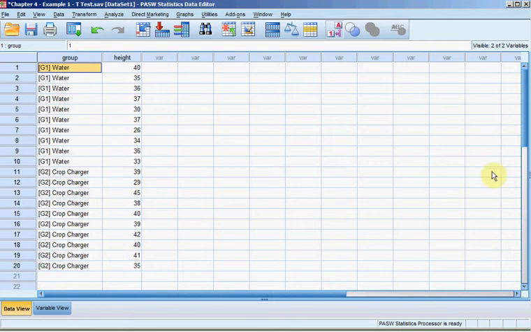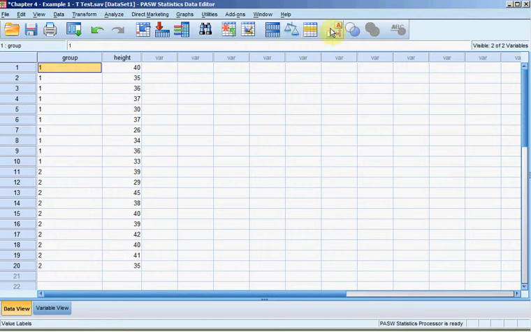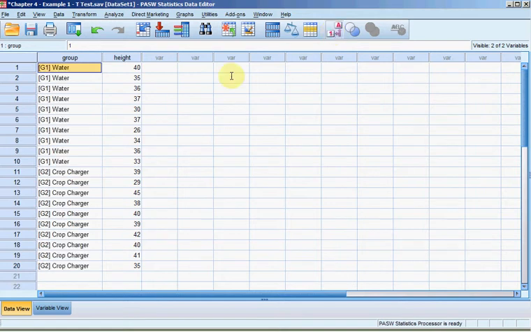Here we have our two variables set up to run the t-test. Group, which is a categorical variable. I'll reveal that 1 signifies Group 1, the control group, and 2 signifies crop charger, Group 2. So we take the 10 entries from Group 1 and enter the heights from those corn stalks.